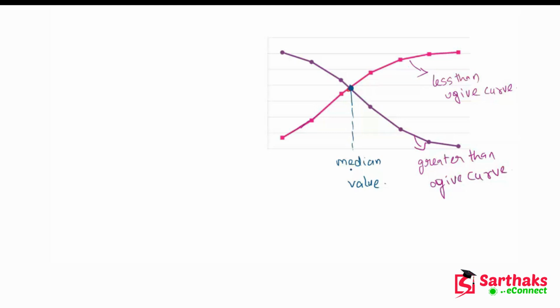Okay, my dear friends, I hope you understand these things. So we can say that if both less than and greater than cumulative frequency curves are drawn on the same graph, we can easily find the median value. So the point in which both the graphs intersect, the value corresponding to the x-axis gives the median value.